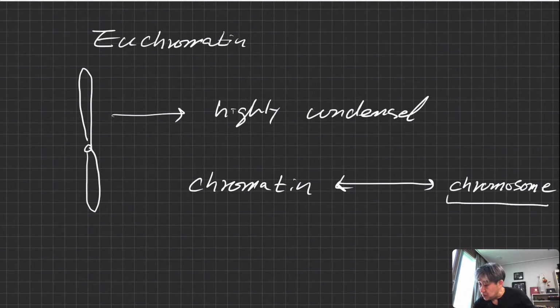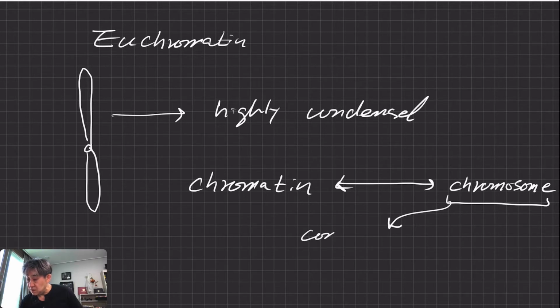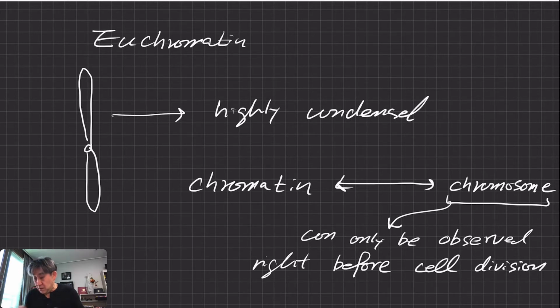So the point is, to say more accurately, the chromosome can only be observed right before cell division. Only when a single cell is about to divide, split into two, your genome must be packaged and then split into two equal halves.